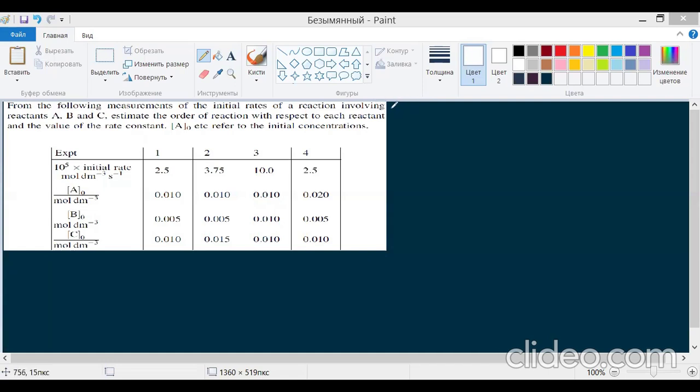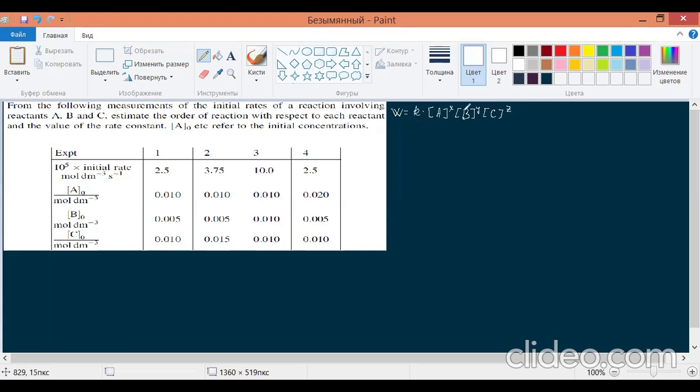So let us write the general chemical equation. If we have three reagents, we can write that the rate of the process is equal to k times concentration of A raised to X times concentration of B raised to Y, and the concentration of C raised to, that'll be Z, okay?